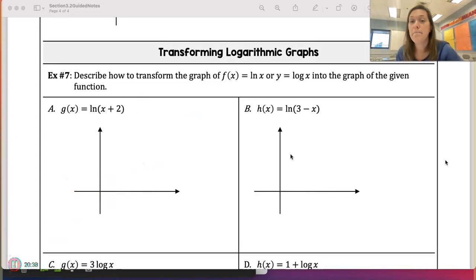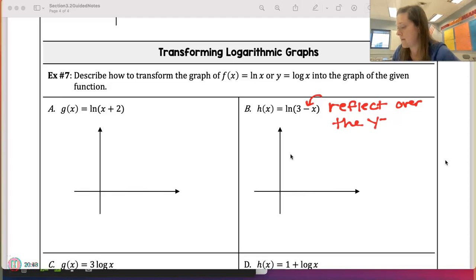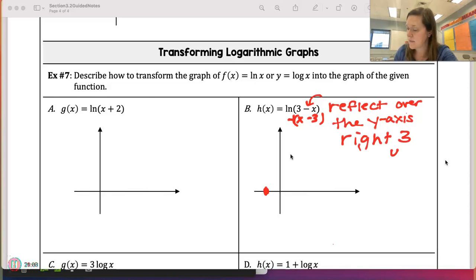Okay, so for part B, let's figure out what's happening here. I've got a negative in front of my x, so that means we're going to reflect over the y-axis. My original x-intercept at (1, 0) is going to reflect over to here. If I take the negative out, that would make it x minus 3, so we're going to move to the right 3 units.